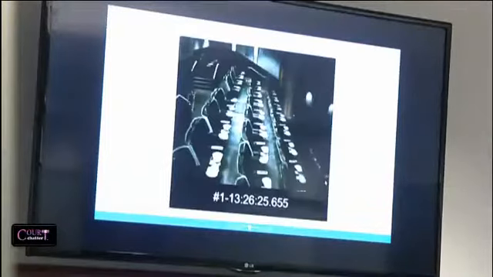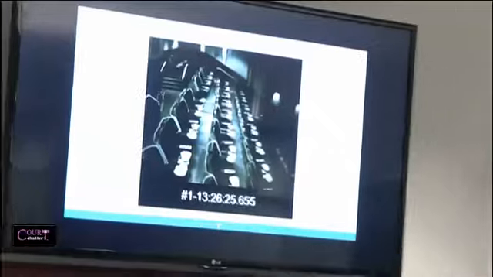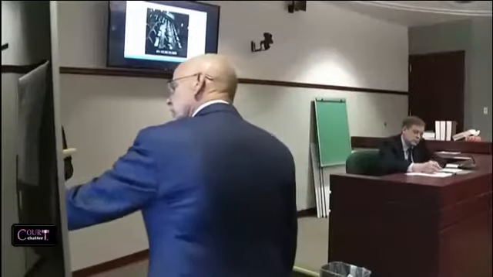Now, this frame has a time period like the other ones did. It's just that we enlarged it so much that the other ones didn't take. 13/26/25/65.